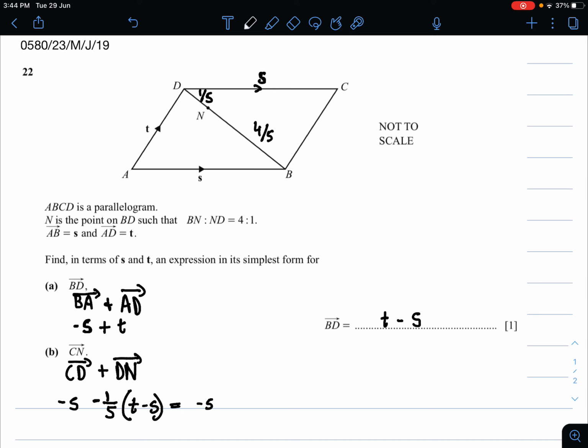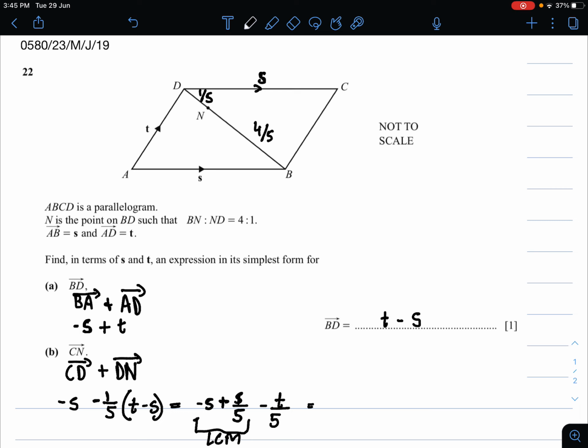So minus 1 by 5 into minus S would be positive S by 5. Next, minus 1 by 5 multiplied by T would give us negative T by 5. So you can go ahead and simplify further by taking the LCM of these two terms.